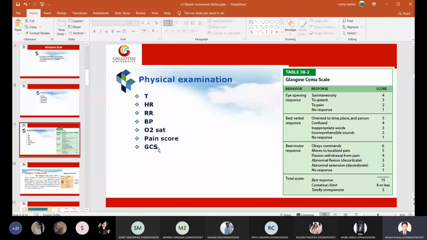How do we assess the state of coma of a patient? That can be done by a scale called the Glasgow Coma Scale, GCS. They will give readings: 1, 2, 3, 4, and 1, 2, 3, 4, 5.